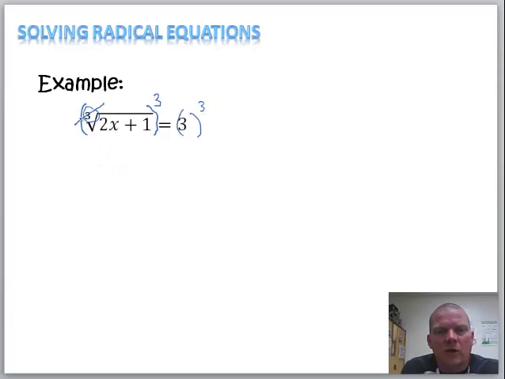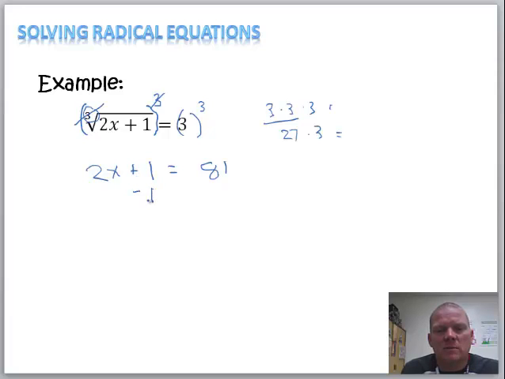So that cube root and the cube cancel, and you're left with 2x plus 1 equals 3 cubed, that's 3 times 3 times 3. So 3 times 3 is 9, times 3 is 27. Now the radical's gone, so I'm just going to solve using my inverse operations.